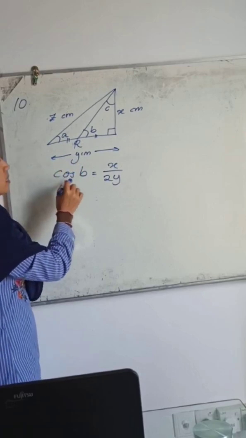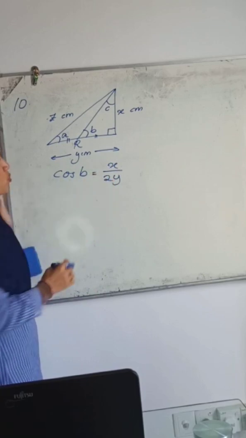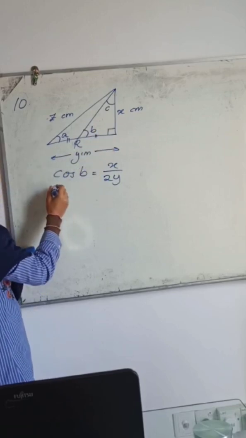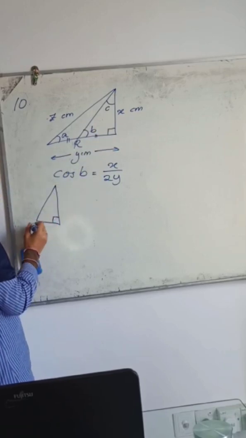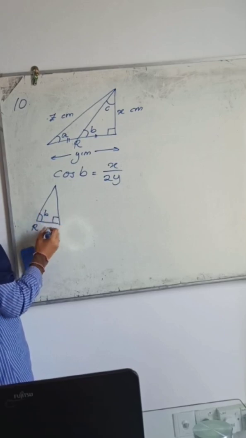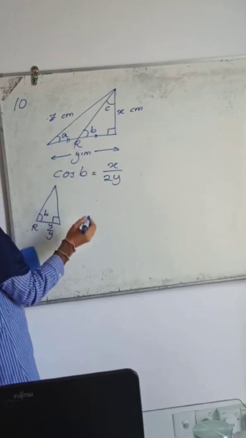Number 10, given the same diagram as number 9. The statement given: cos B is equal to x per 2y. So we focus on this right angle triangle. We can redraw, here is angle B. Here is y per 2 because R is the midpoint.